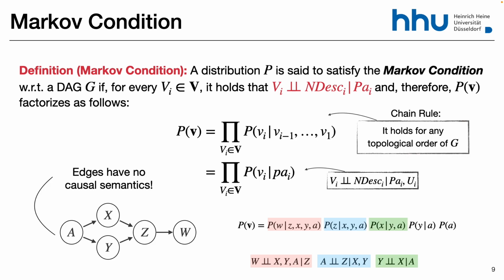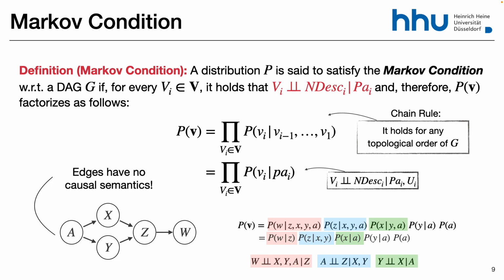And then the others are easy, I have no simplification. So this is equivalent to this one. And this factorization is called a factorization according to the parents. It only works because if I give you this graph and I say this probability distribution satisfies the Markov condition with respect to this graph, then I can simplify.